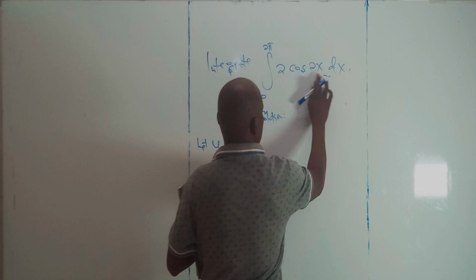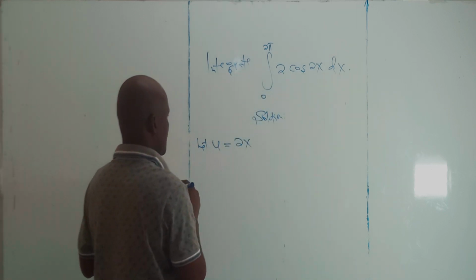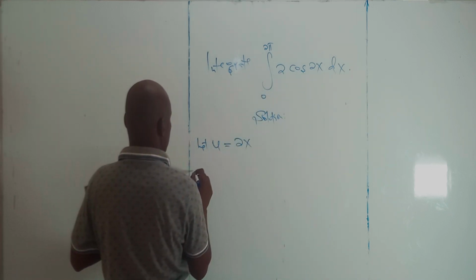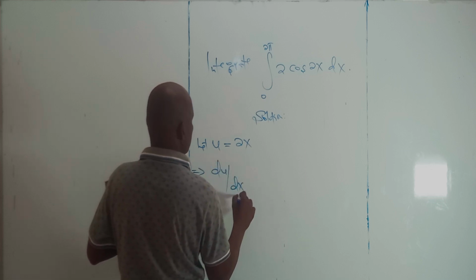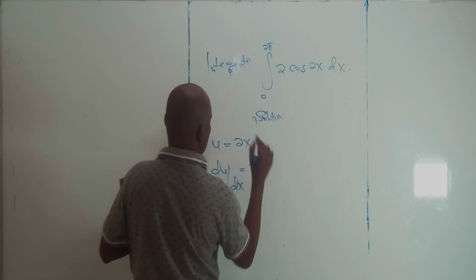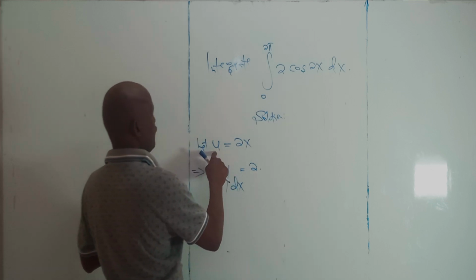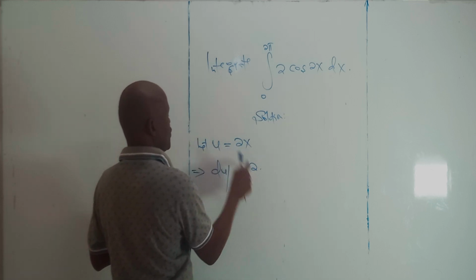Now, having let u be 2x, this should then mean that du/dx is equal to 2. If you differentiate u with respect to x, you get 2.